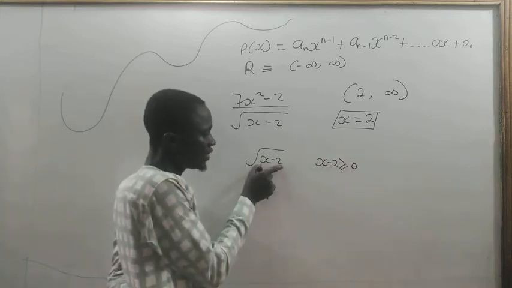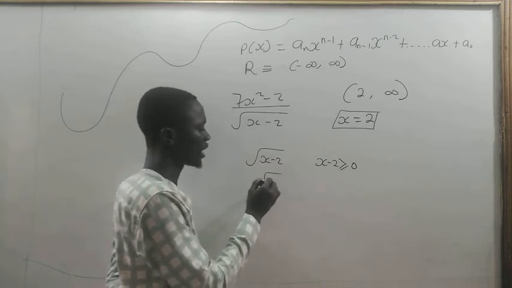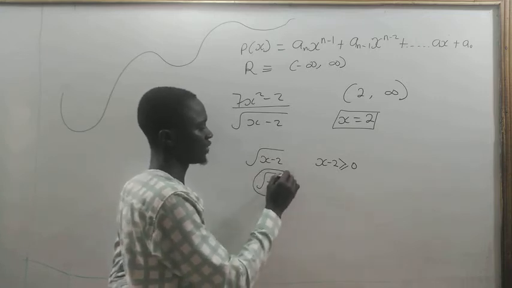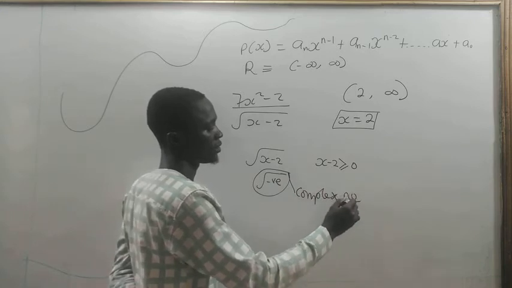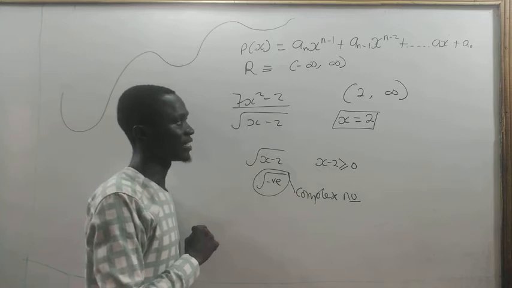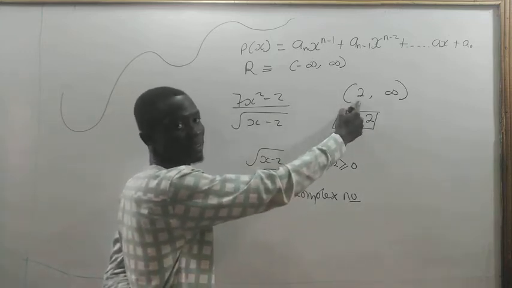If this is not greater than 0, we will get the square root of a negative number, and the square root of a negative number is a complex number. But we are dealing with real numbers. Very simple as that. So here, I cannot include negative numbers.